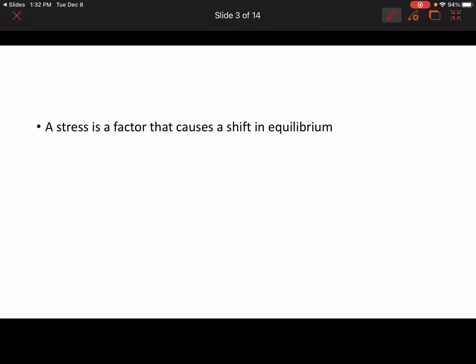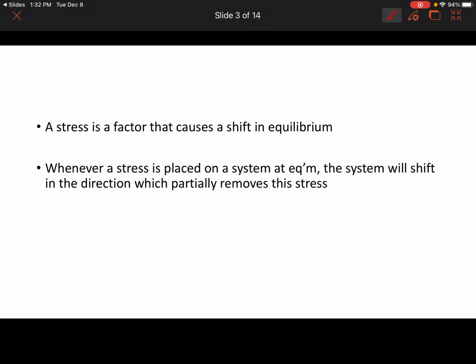Okay, so a stress, first of all, is a factor that causes a shift in equilibrium. So we talked about temperature there, but there are a few stressors that we can talk about here. Whenever a stress is placed on a system at equilibrium, the system shifts in the direction that partially removes this stress. So remember, we've got a system at equilibrium.